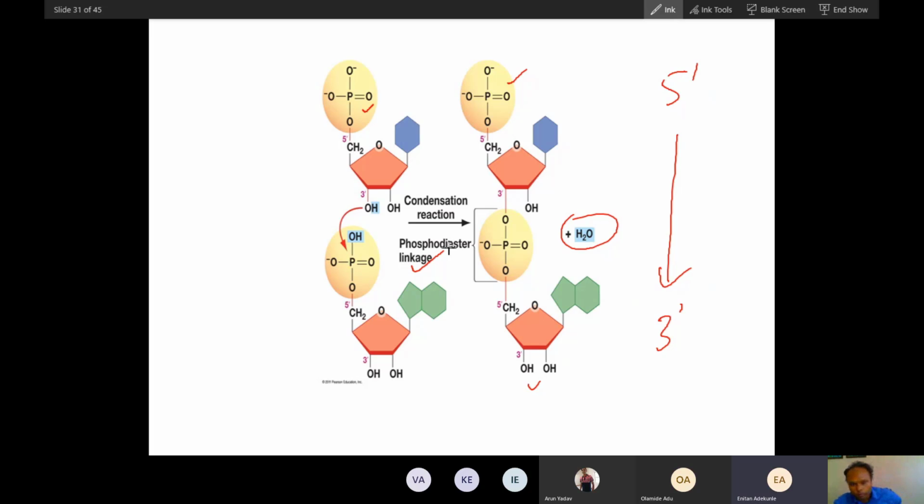You say it happens with the loss of water? Yes. Okay. You said the binding takes place with the loss of water, right? Don't you see here? Here is the OH and this H. So this bond will directly form between this O, and that is your water.